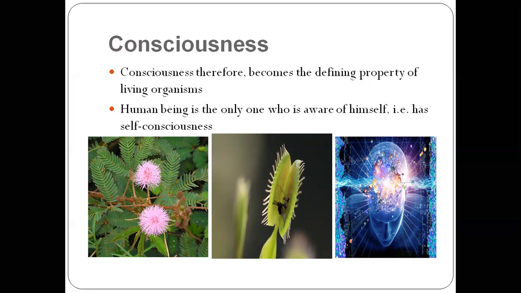The indication of this is that the plant is able to respond to this particular stimulus. In the third picture, you can see the consciousness of human beings. Whatever stimulus you get, your brain is able to respond to it. So this is one of the defining characters of living organisms. I hope you are understanding this.